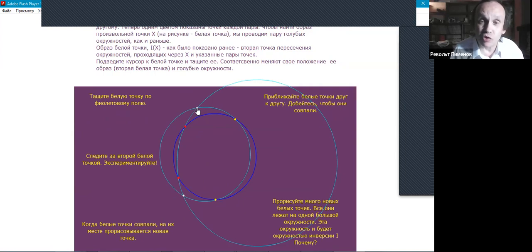Now let's think in another mode. I move the white point and the symmetrical point moves, and we can see the unmoved points. Of course, when they coincide, we have unmoved points, and all these unmoved points lie on one circle, and this circle is the circle of inversion.